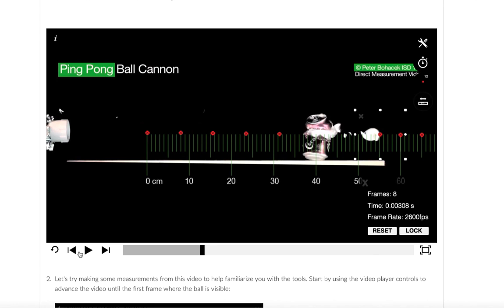So we can see here that these dots are closer together after the collision, meaning that before the collision, as I advance frame by frame, I have some higher velocity than I do after the collision, and that becomes immediately visible with those little red dots. So they're also very good for some conceptual understanding.